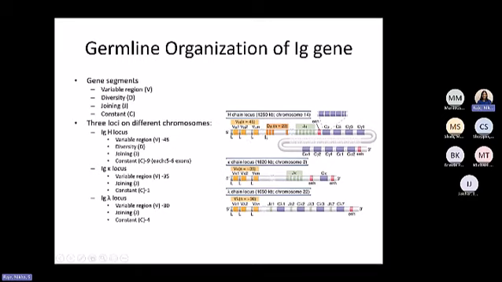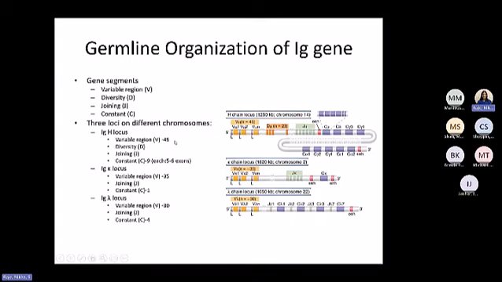So multiple V segments, multiple D segments, multiple J segments, and multiple C segments. Similarly, at the immunoglobulin kappa locus, there are going to be multiple of those V, J, and C. So for the light chain, there are no D regions. So for the lambda region as well, there are V, J, and C regions.